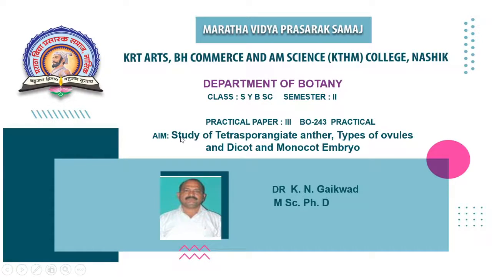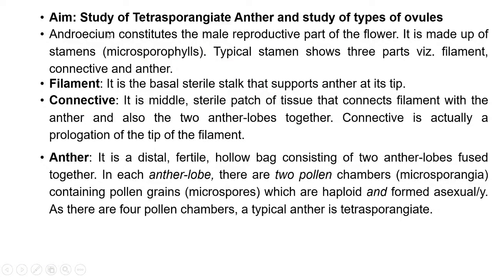Today, we are going to study tetrasporangiate anther, types of ovules, and dicot and monocot embryo. First of all, let us see the first practical: study of tetrasporangiate anther and study of whorls.